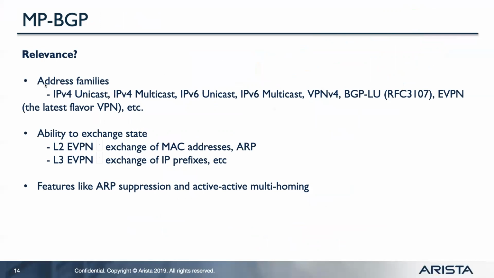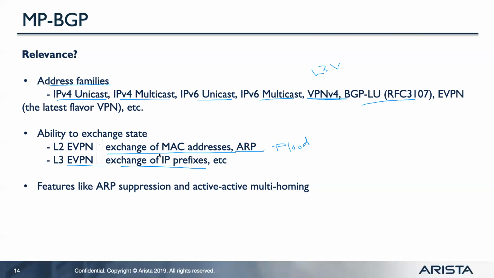MPBGP supports all the different address families, which is nothing but IPv4 unicast, multicast also you can exchange, IPv6 unicast, IPv6 multicast, VPNv4 routes, that is L3 VPN routes, prefixes, BGP-LU, EVPN, and also exchange of MAC address, ARP, flood list. All this we can do by using MPBGP, and exchange of IP prefixes for L3 VPN.